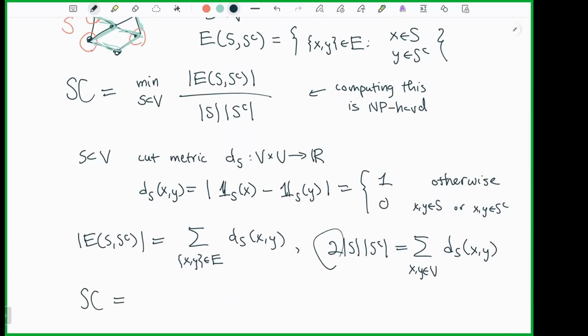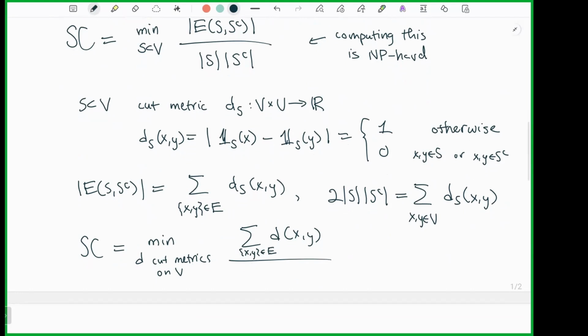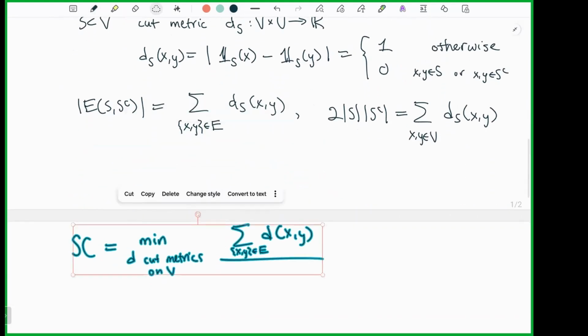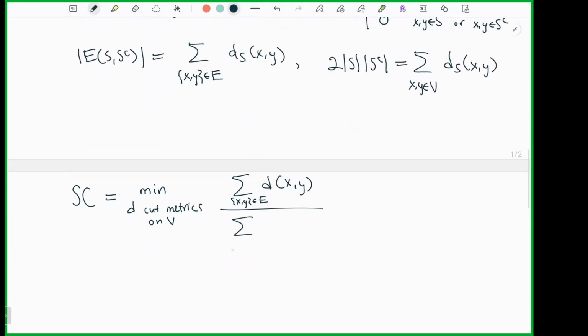Okay, so ignoring this factor of 2, you minimize over all these cut metrics on V of this quantity. So you sum over d(x,y), where you sum over edges, and then in the denominator you sum over all pairs of vertices of the same thing.